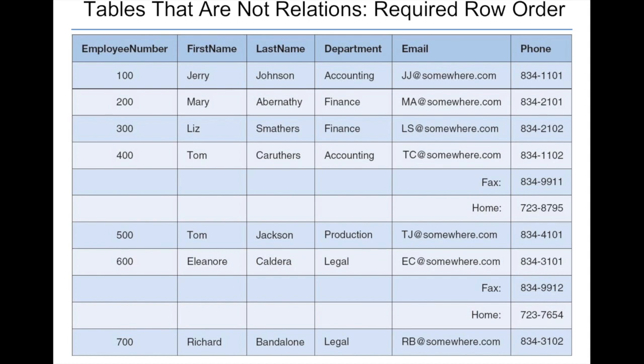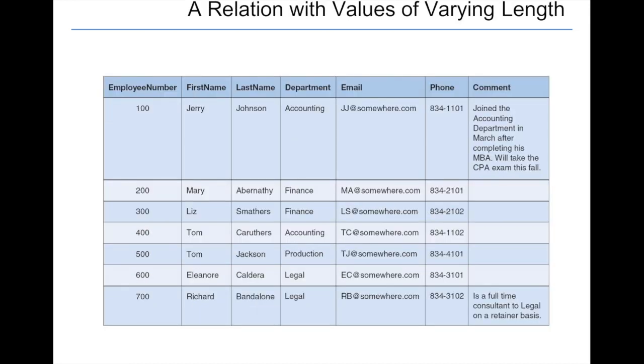So here, we have one entry per cell, but our biggest issue is that our table doesn't follow the entity model where an entity is described in each row. And so here you can see we've got the facts. So now row order matters, and that breaks the relational model. So here's a valid relation, but it just has values of a varying length.